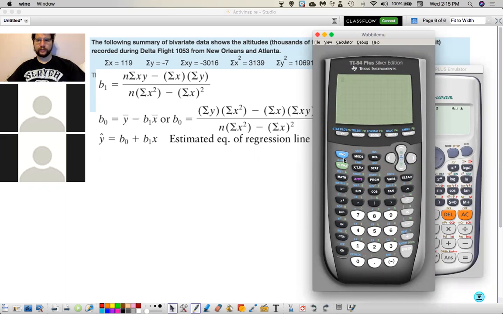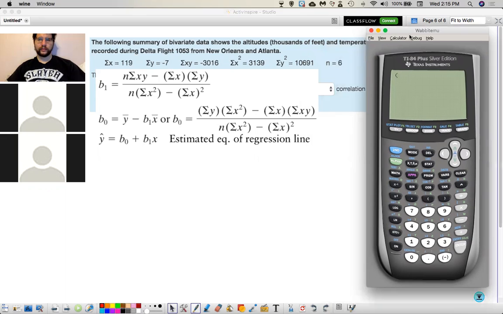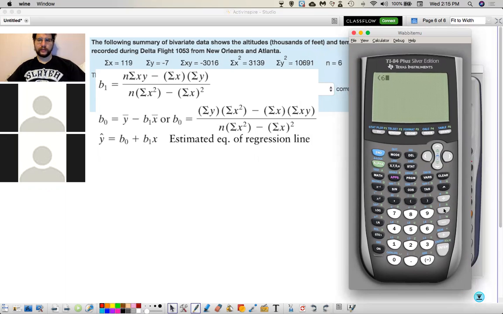So TI users, let me make sure real quick. Yeah. Okay. So this is what it's going to look like for you. Always, always, always put your numerator and your denominator in parentheses. So I'm going to do this one, B1. N is 6 times sum of xy, negative 3016.